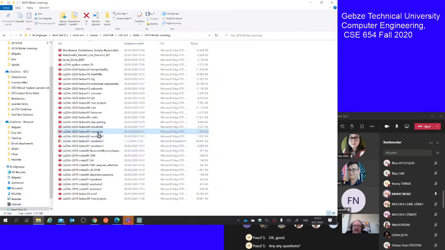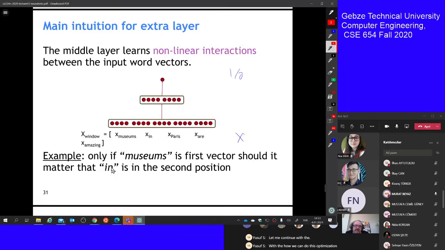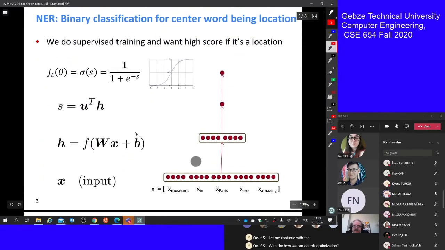Let me continue with how we can do this optimization. I think this is what we were doing. Input is 20-dimensional. The sigmoid there, and this multiplication.